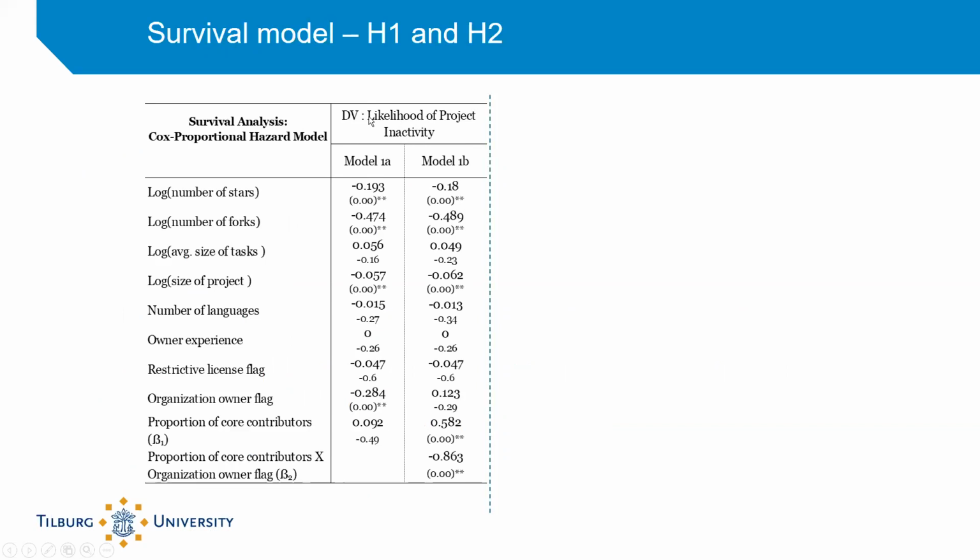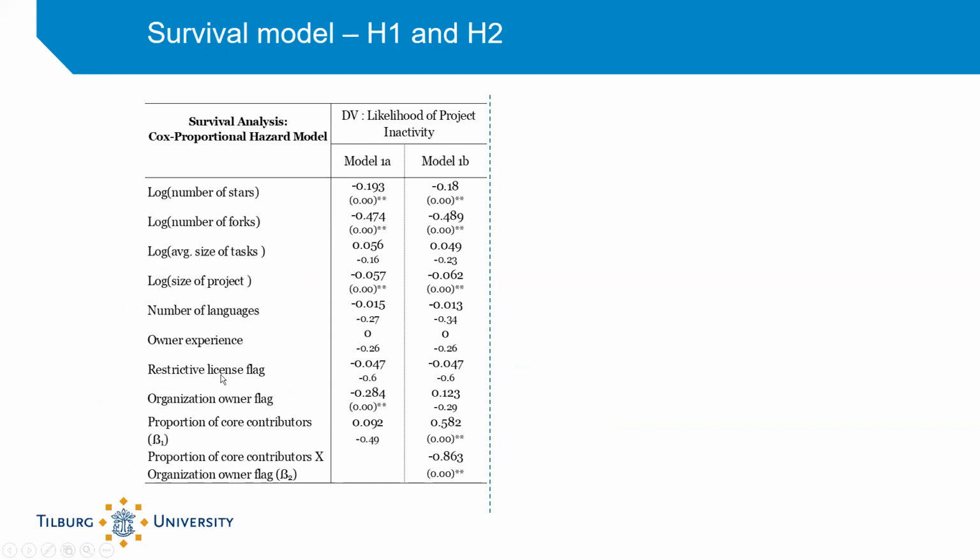It's actually referred to as hazard rate. The dependent variables in survival models are called the hazard rate, and you try to predict what increases the hazard rate of the project. Hazard rate is the likelihood a project becomes inactive at time t, given that it has survived till time t.